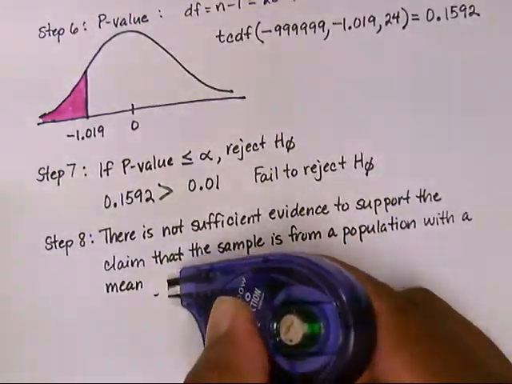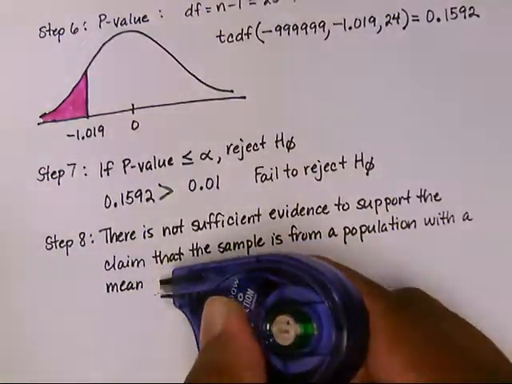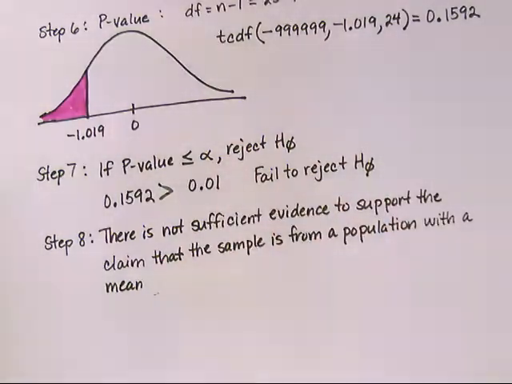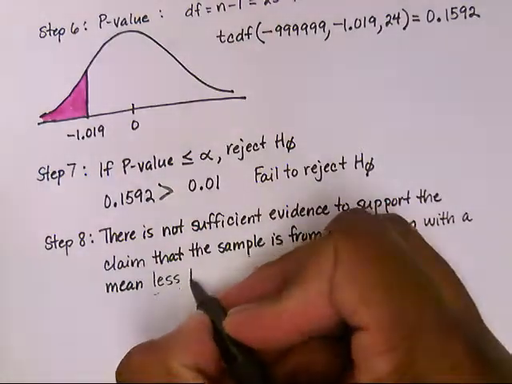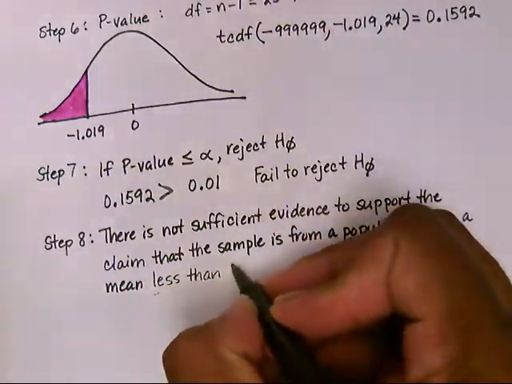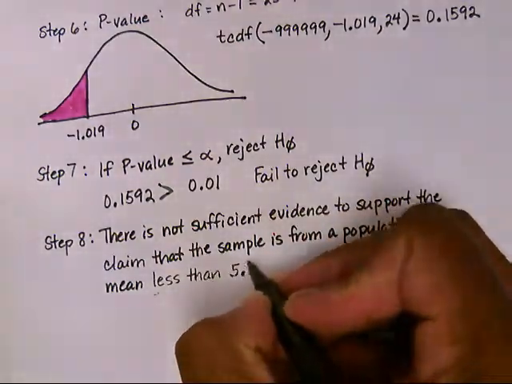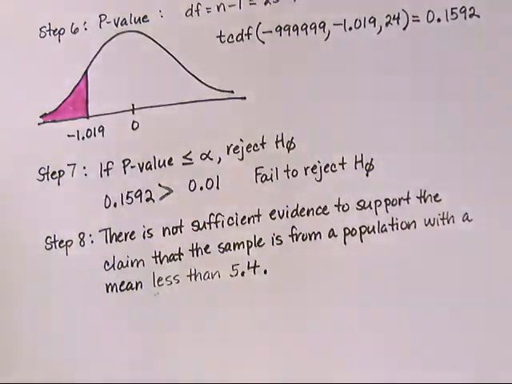Okay. And it says so in the problem. So here we're dealing with a mean less than 5.4. There's not sufficient evidence to support the claim that the sample is from a population with a mean less than 5.4. Okay, and that's all there is with problem number 8 with that hypothesis testing.